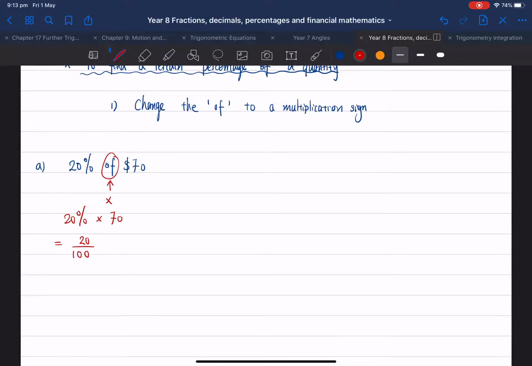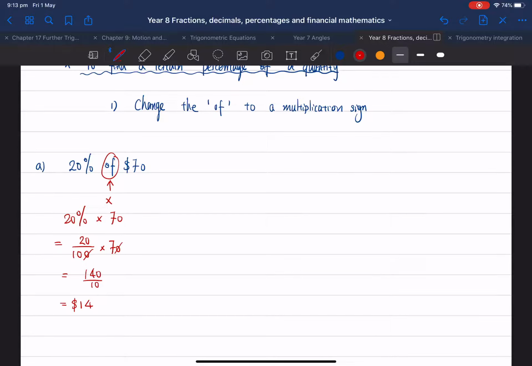So that becomes 20 over 100 and times by 70. You can remove the zeros here, and you do get 140 over 10, which at the end becomes 14. So 20% of 70 equals $14. So that's how you do it.